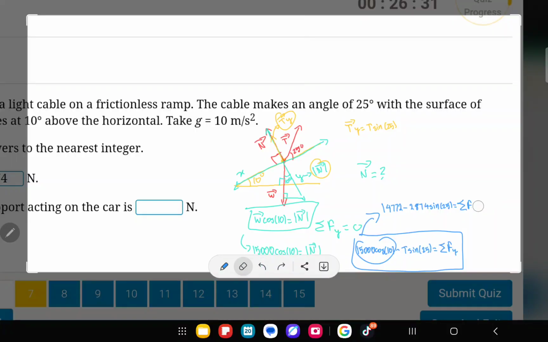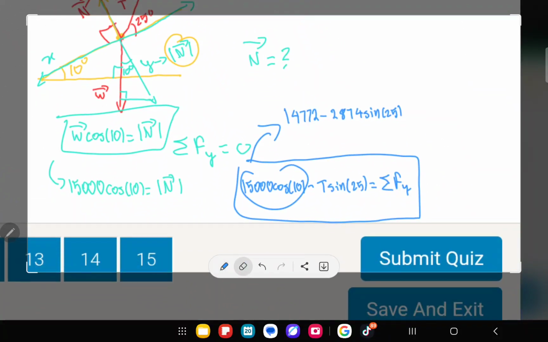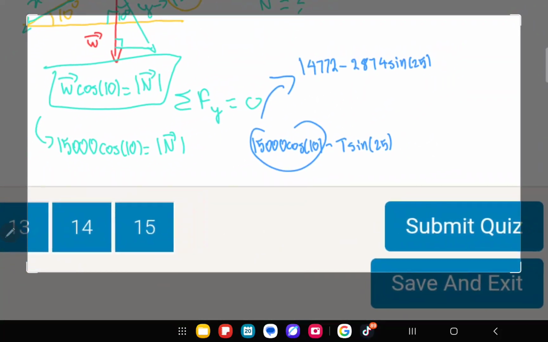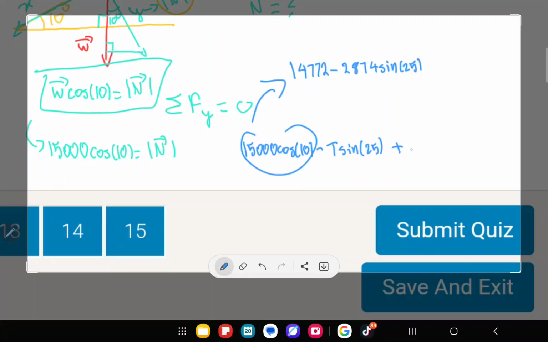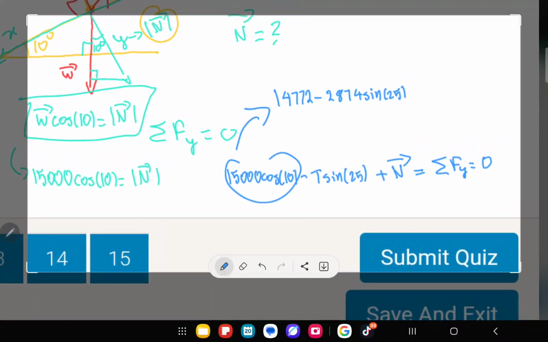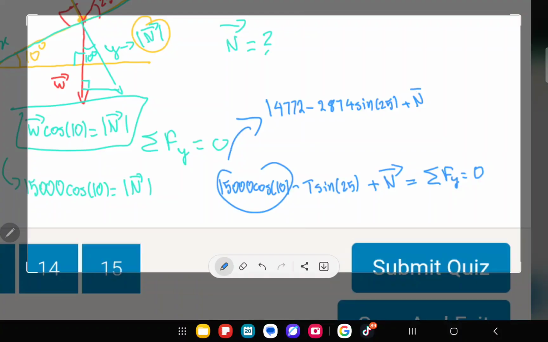Okay, this isn't actually the sum of Y forces. This is just partly the sum of Y forces. Once we have this, we must also add, finally, the normal force, which then makes this the sum of Y forces, which then makes this equal to 0. So that means here, plus N equals 0.